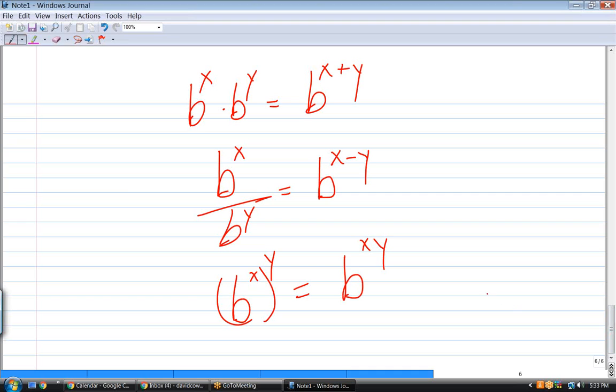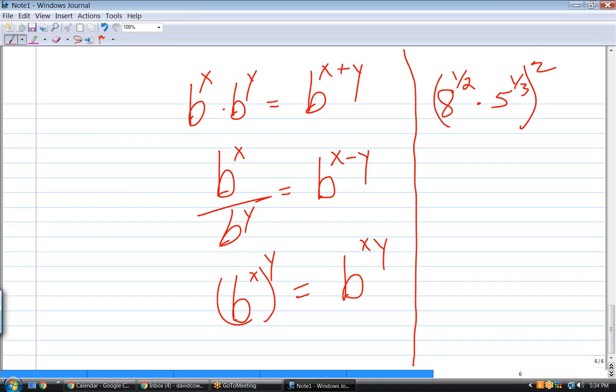So, I'm going to leave those rules there for a moment, and I'm going to write on the right side. Tell me what this would become. Hold on. You know, there's one rule I didn't write over here.